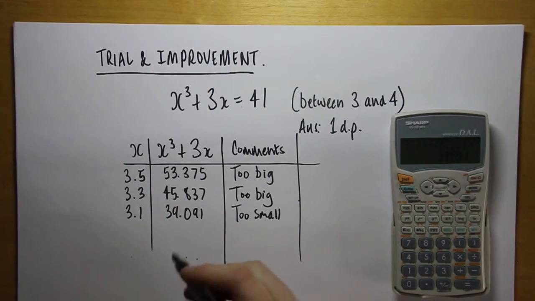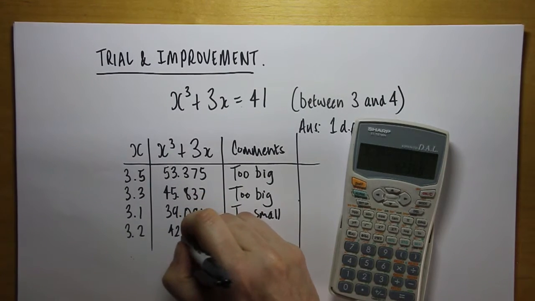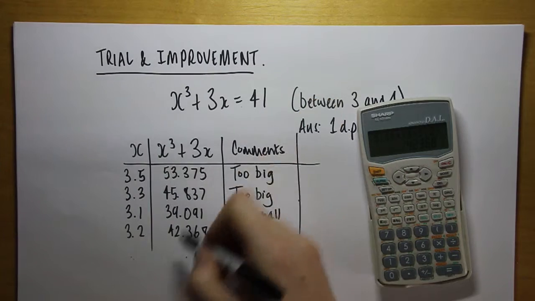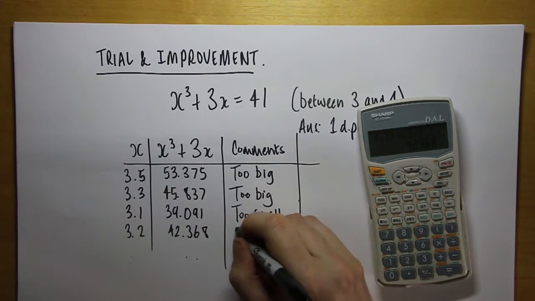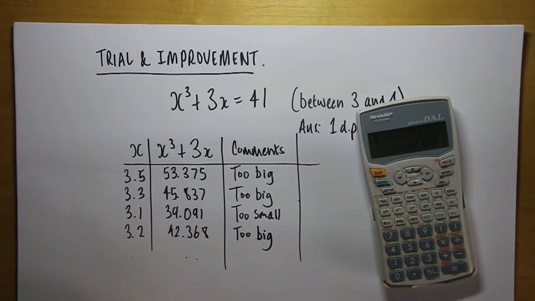So we're really closing in on it now. We'll finally just try 3.2 just to see. 3.2 cubed plus 3 times 3.2 gives 42.368, and comparing it to the answer that we're aiming for, again that's slightly too big.